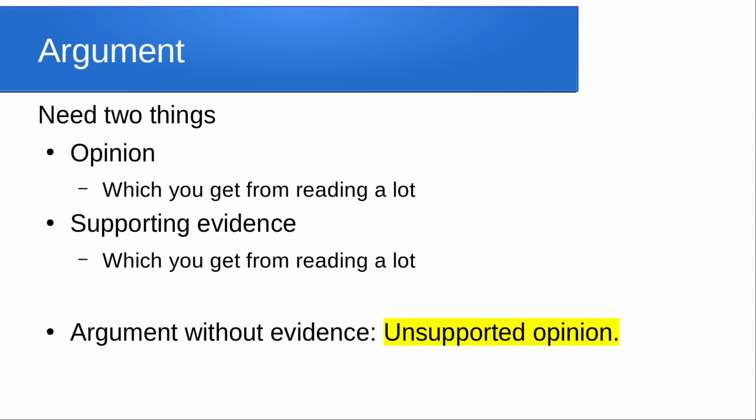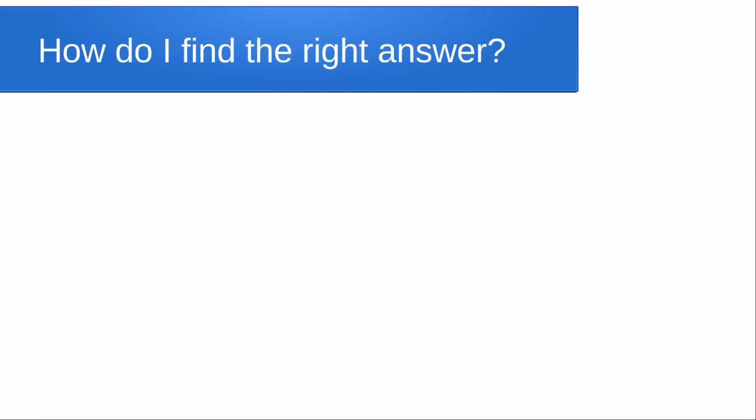We call that unsupported opinion. Unsupported opinion at the university level is usually a failing grade. So make sure you are supporting whatever opinions you have. You're welcome to have whatever opinions you want, but you need to have support for those opinions.